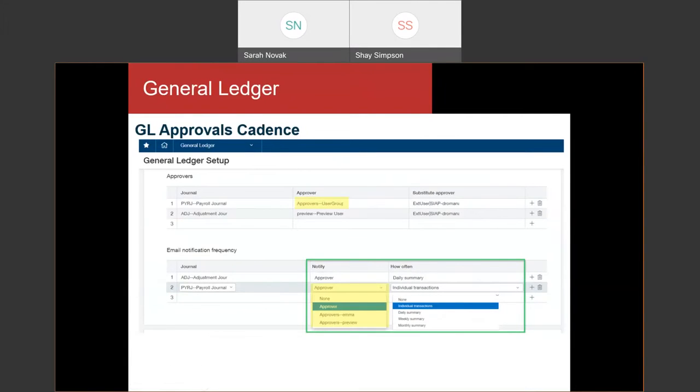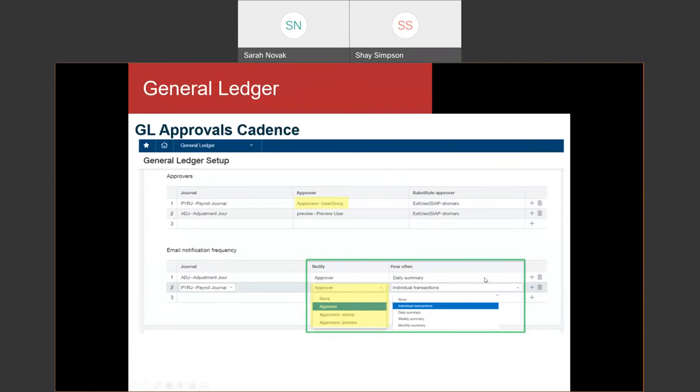All right, so looking at our general ledger, for those folks that are utilizing the journal entry approval, we can actually set up the email notification and the frequency within our GL setup. Before, you actually had to go out to preferences, up in the upper right-hand corner of Sage Intacct, click on your name, and set up that cadence there.